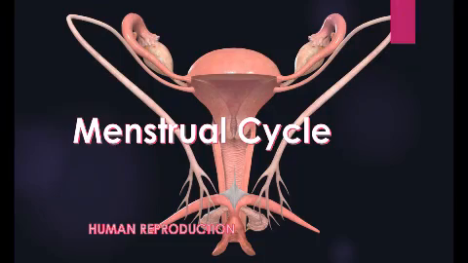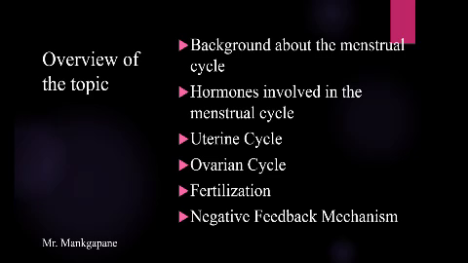Today we're gonna be discussing the menstrual cycle. So let's get to it. Remember that the menstrual cycle is under the topic of human reproduction. We'll be looking at the background of this topic. We'll also look at the hormones, or rather the messengers involved in this menstrual cycle.